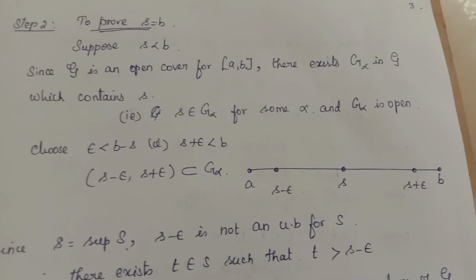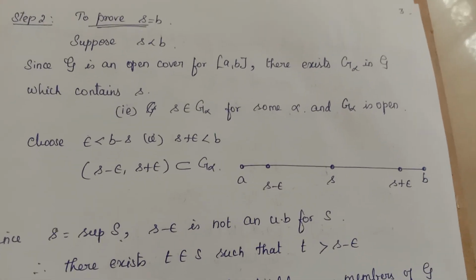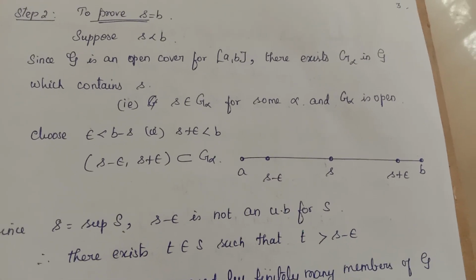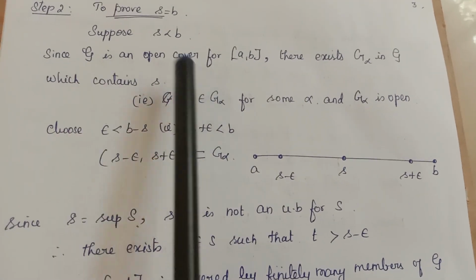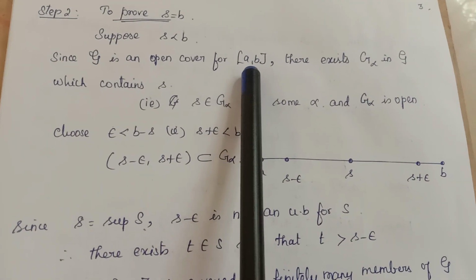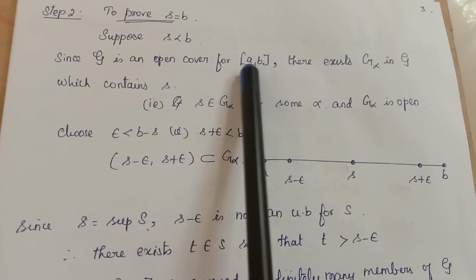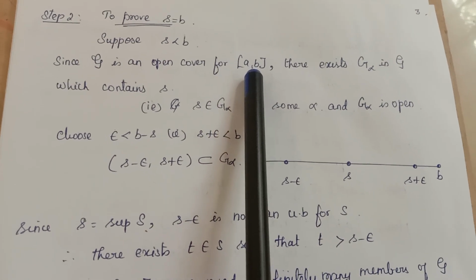In step 2, I am going to prove that actually the supremum s is equal to B. Suppose, for contradiction, that s is less than B. Then script G is an open cover for A, B, so for every element in this interval there exists an open set.